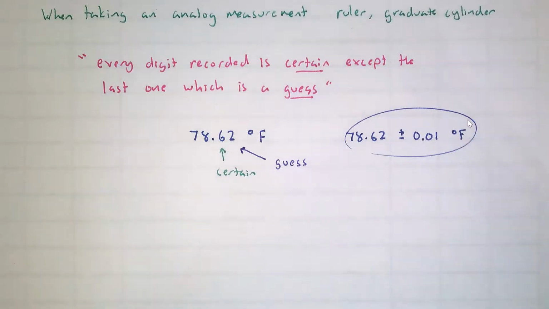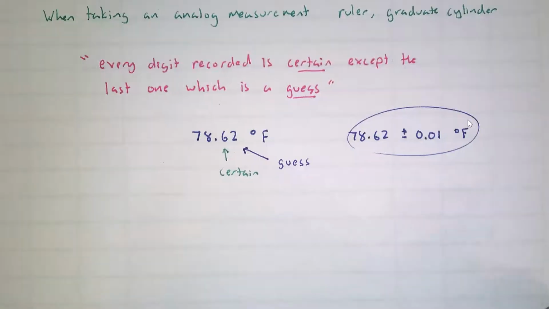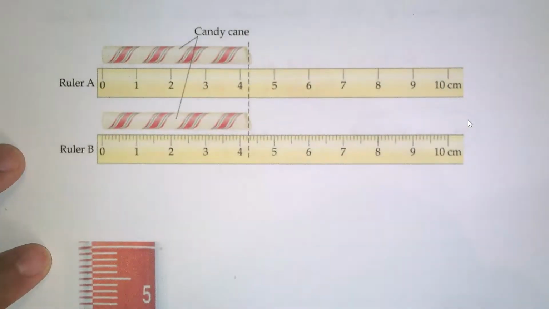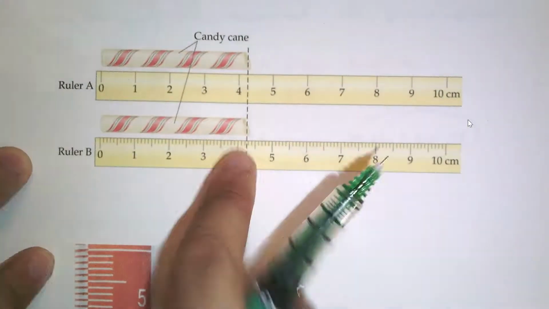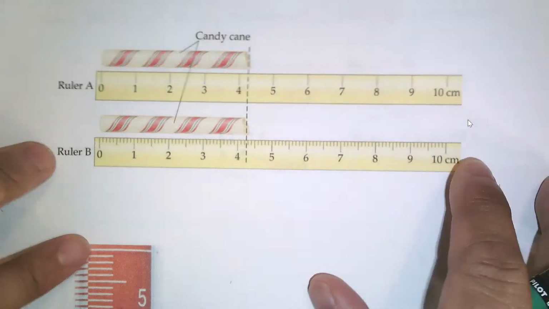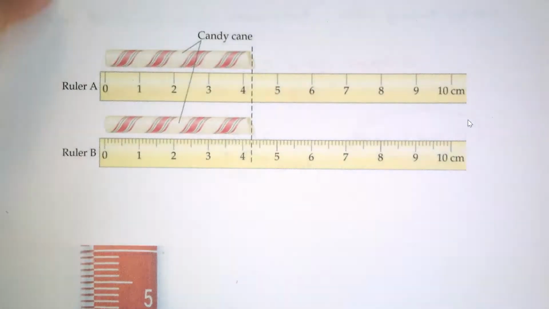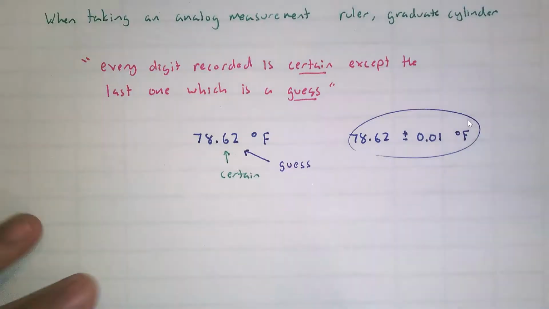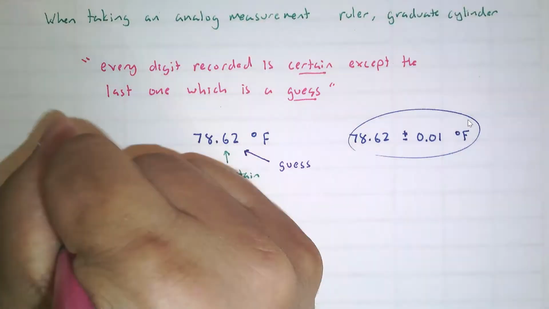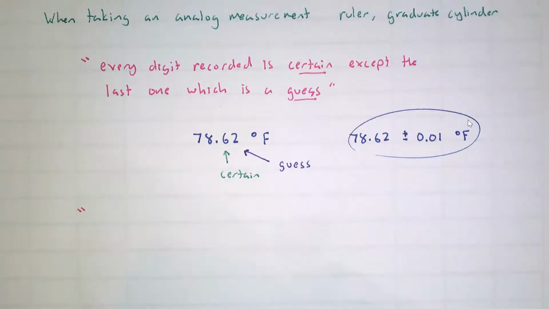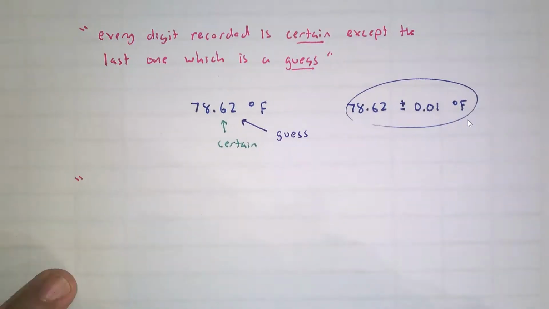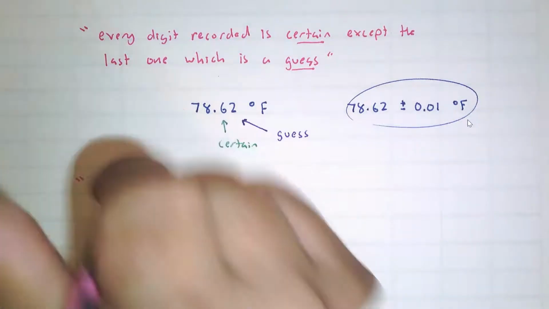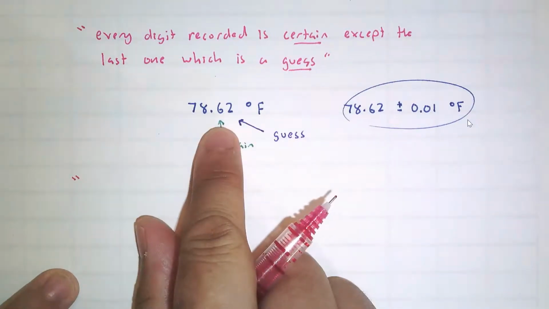So let's take a look at some specific examples. The first one is two rulers measuring the same candy cane. Okay. Actually, let me give you one more example, and then we'll get to those pictures. What does this mean? Or what kind of thermometer do you think this person used?